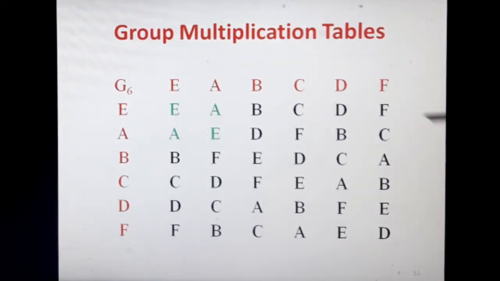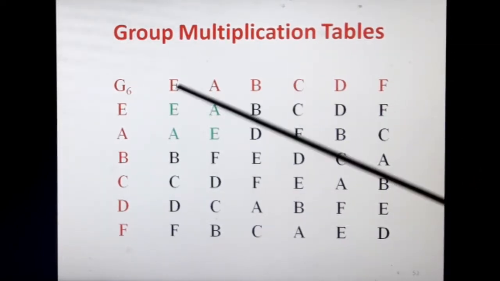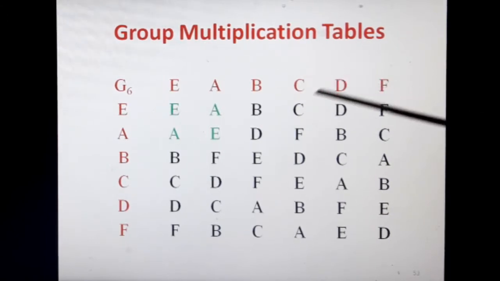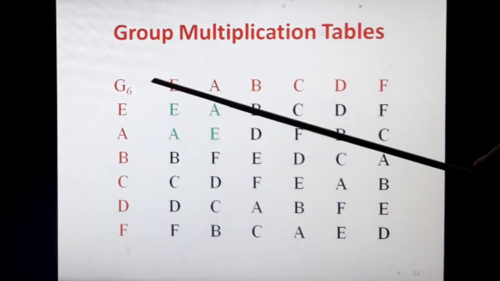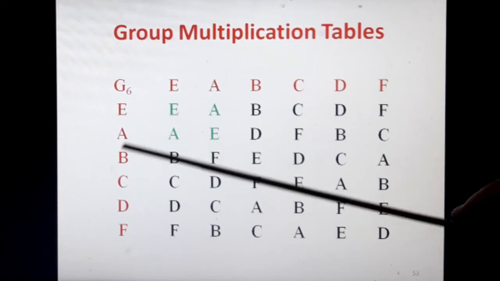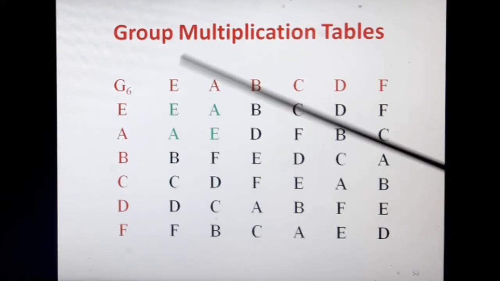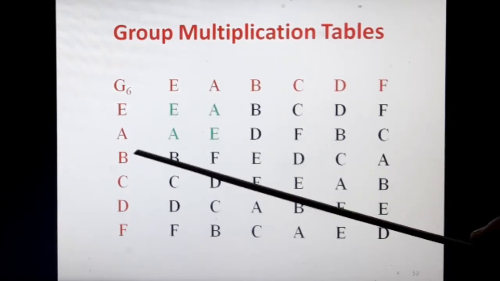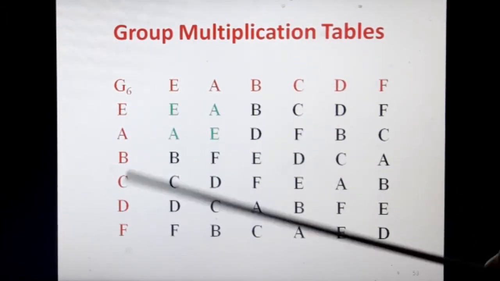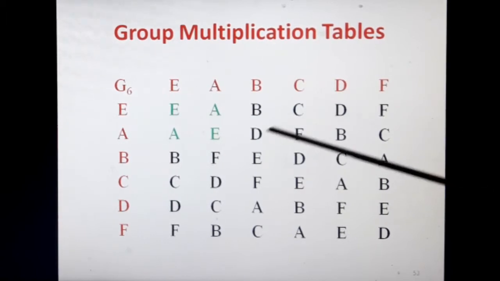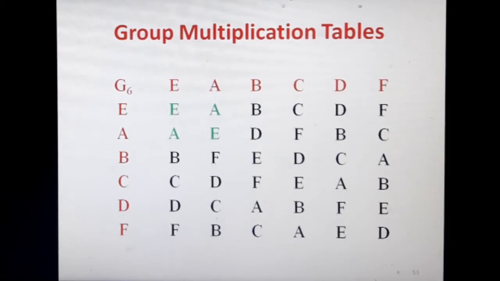This is a 6th order group, so E, A, B, C, D and F. Similarly, in this column E, A, B, C, D and F. So the multiplication of E and E will be E, A and A will be E, and A and B will be D. So this is the group multiplication table for all the 6 elements of the group.